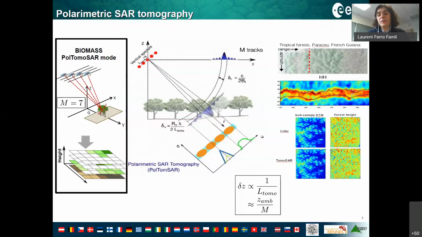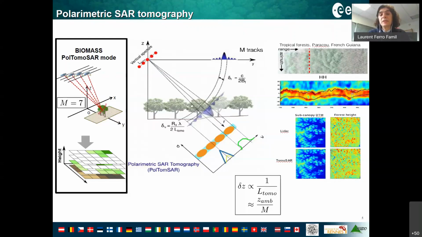When you perform SAR imaging, radar measurement, sorry, the only thing radar can measure is a delay. It sends the signals, receives a signal, and says, oh, there has been some time between the moment at which I emitted an echo and I received the response of the environment, and knowing the velocity at which waves propagate, you can deduce the distance between the sensor and the objects.